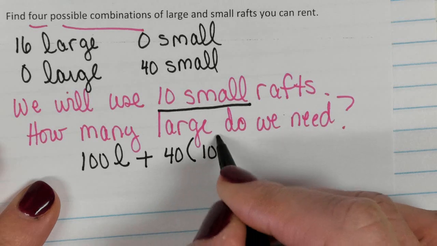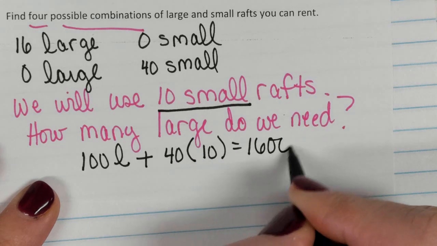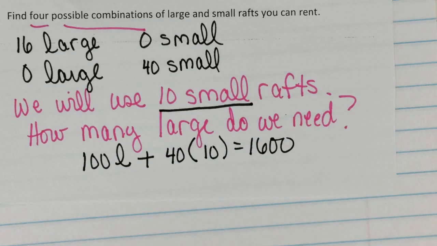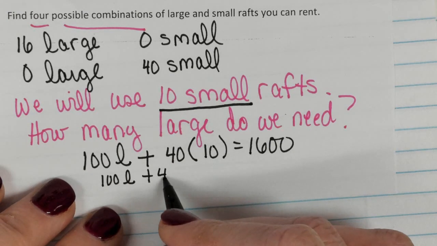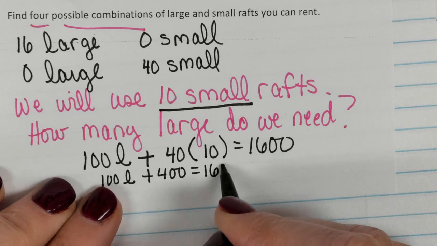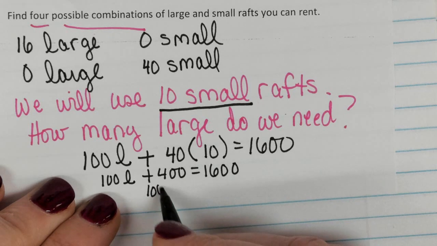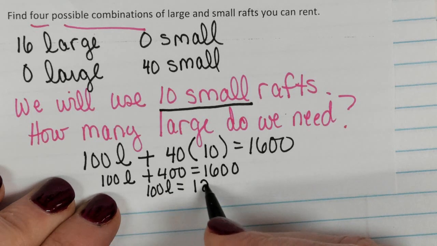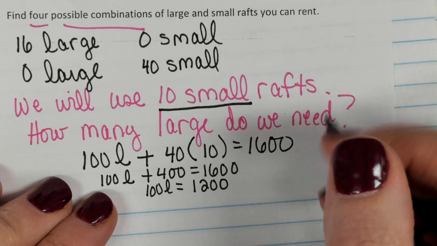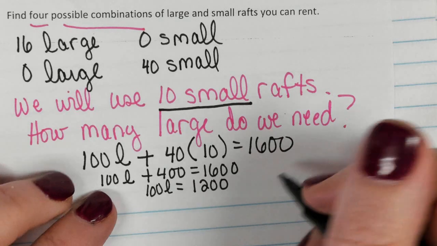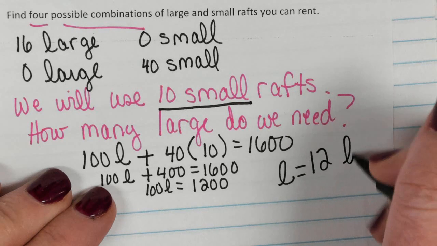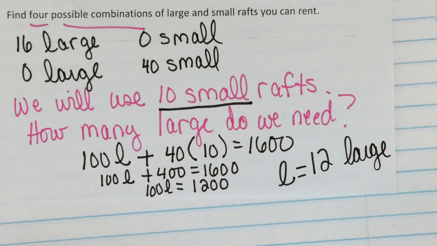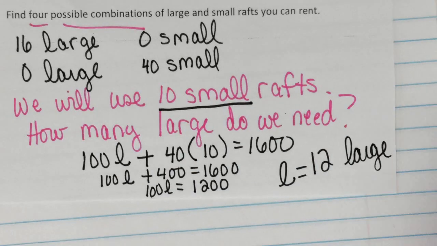I was just trying to use variables that relate to what we're talking about. And so now I'm going to solve for L. So this would be 400, and then subtracting 400 gives me 1,200. So that would mean that if I have 10 small ones, I need 12 large rafts. Okay? And that's it. That's all there is to problem solving with standard form.